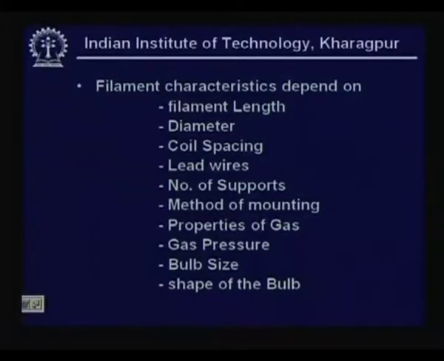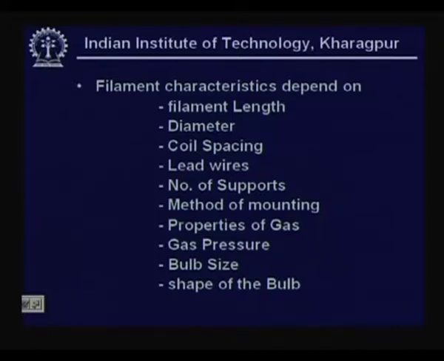So, having known this, it is necessary for us to know on what filament characteristics depend. The most important characteristic as far as the illumination engineer goes is the resistance, because it is the thermoluminescence that is giving us the output.